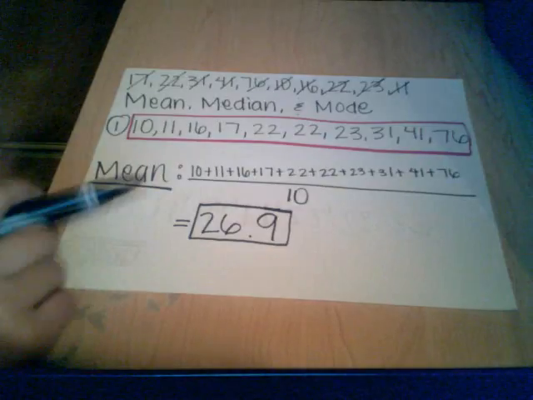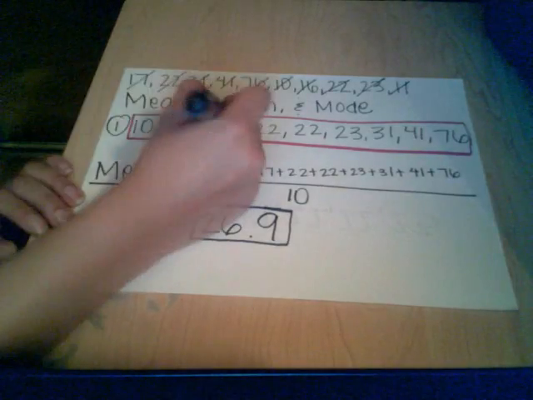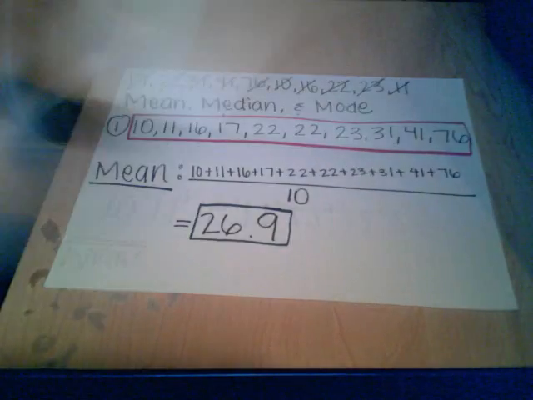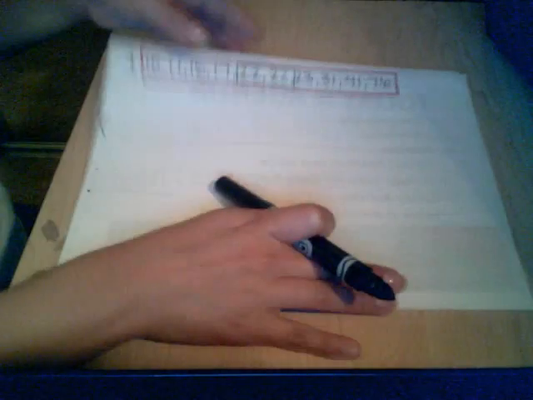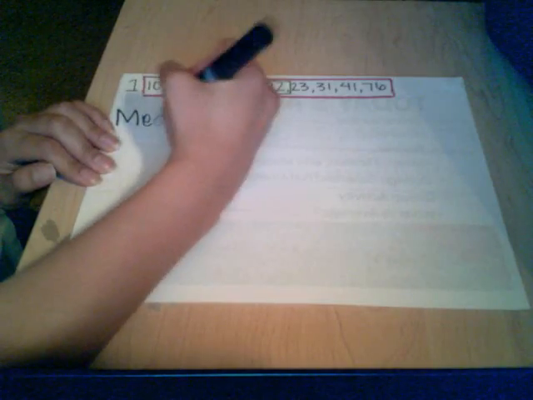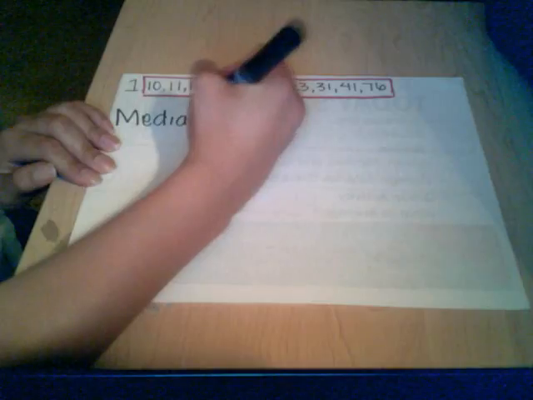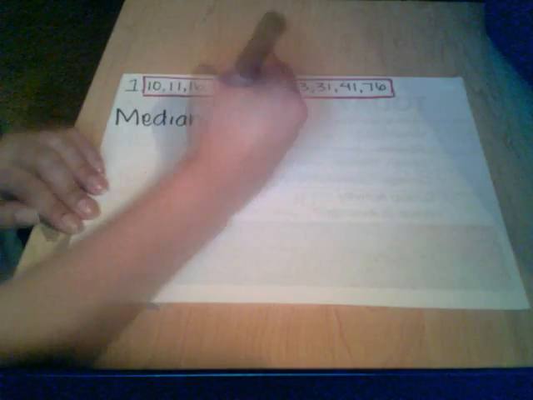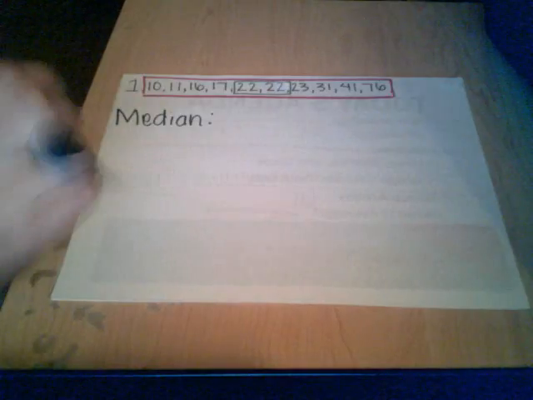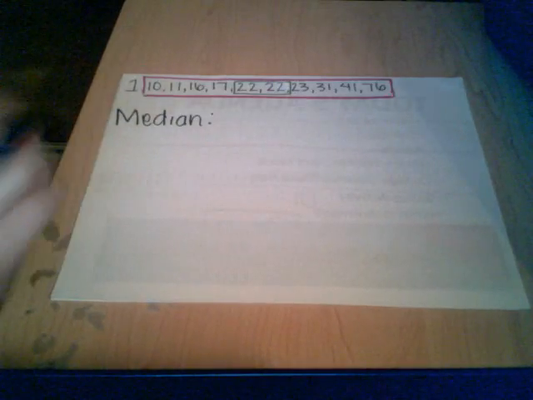So let's now move on to our median. Let's calculate our median. To calculate the median, what do we need? We need to have the numbers in order, which we already do, and look at the middle number. The problem with this set is that we have 10 numbers, so there's no such thing as a middle number, and we have to calculate it.